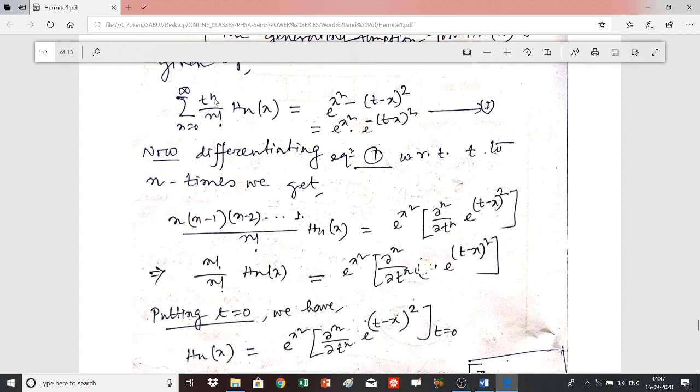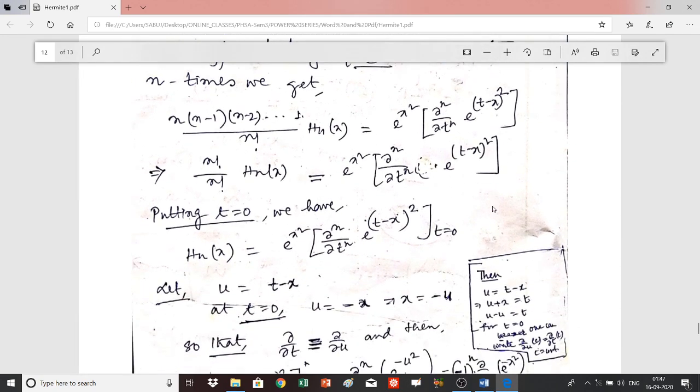For the second differentiation, you will have n into n minus 1 and t to the power n minus 2, and so on. In this way, if you differentiate n times, the final term will be 1, and you will get n into n minus 1, n minus 2, and so on, the last term being 1. By this, n factorial is there and H_n(x) is there. And from here, e to the power x square, since you are differentiating n times, and so d^n by dt^n of e to the power minus (t minus x) whole square.